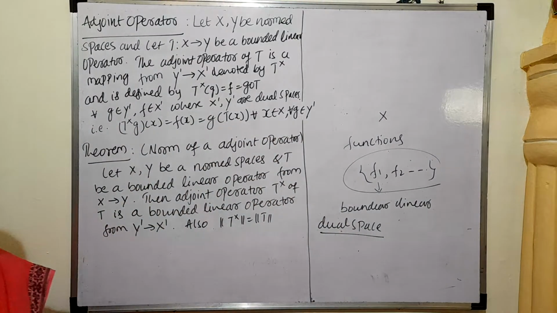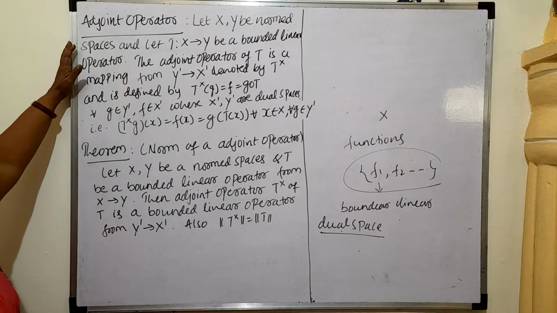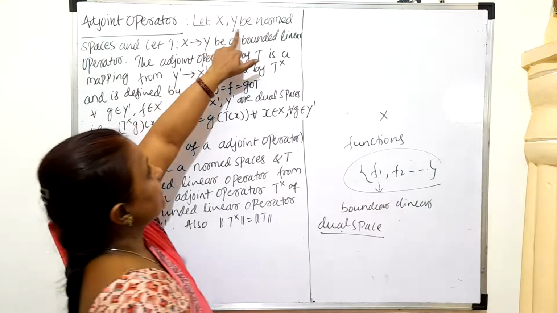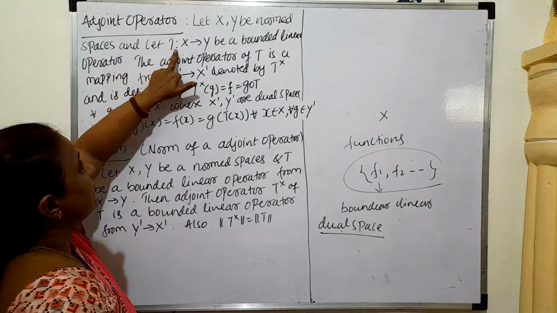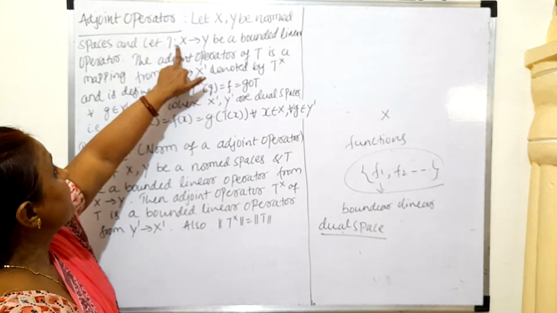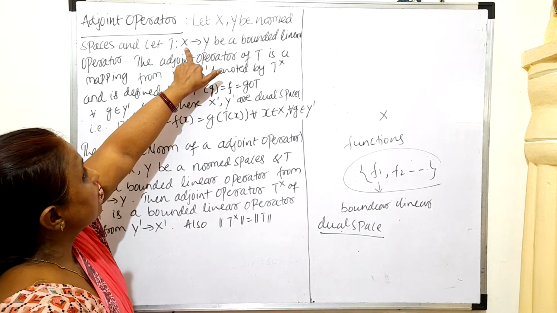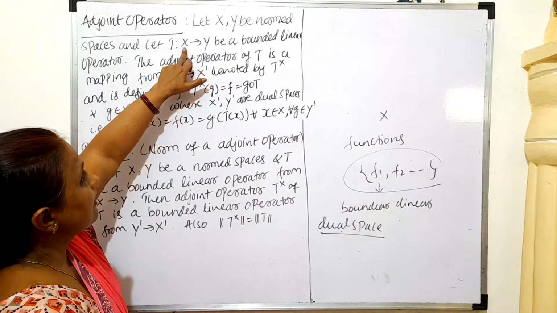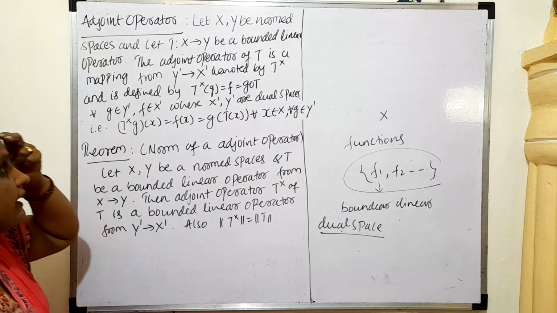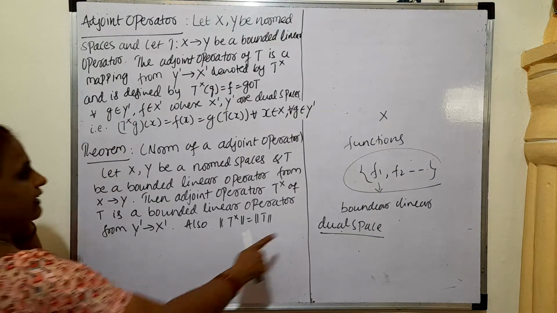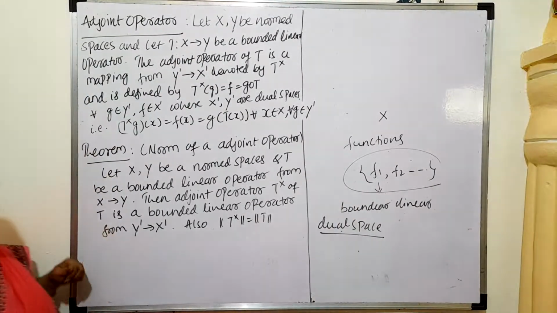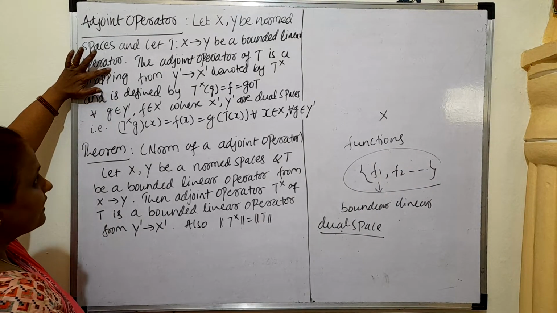Now we will come to the actual definition. Adjoint operator. Suppose X and Y are normed spaces. Let T be a bounded linear operator from the normed space X to Y. See, here it is an operator and earlier we were talking about the functional. Now here T is a linear operator.